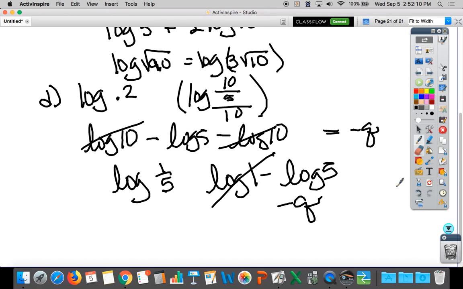Log 1 always goes to 0. Log 10 is always 1. So you can use the log 1 because that's not going to be a letter. That's going to go away. Okay? And log 10 would also, if you had, for some reason, a 1 that you needed.